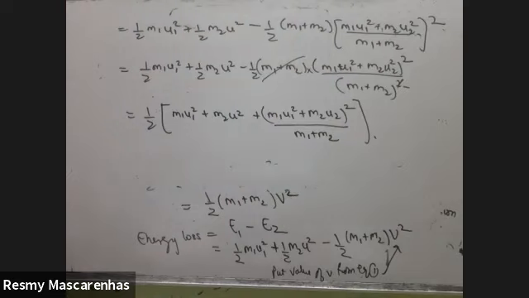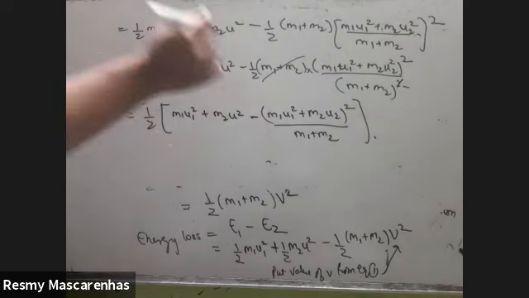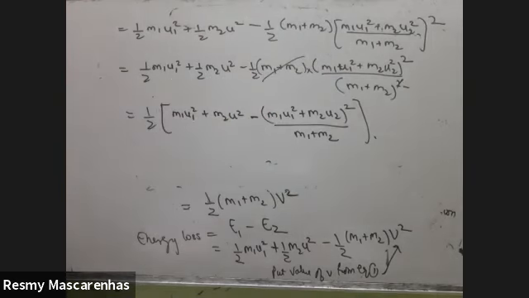Half I've taken out. This is a minus, no? This is minus. Now use the a plus b the whole square formula.